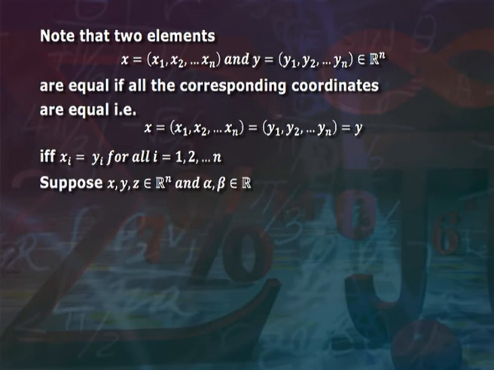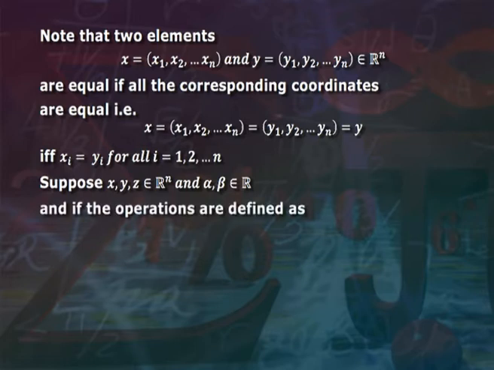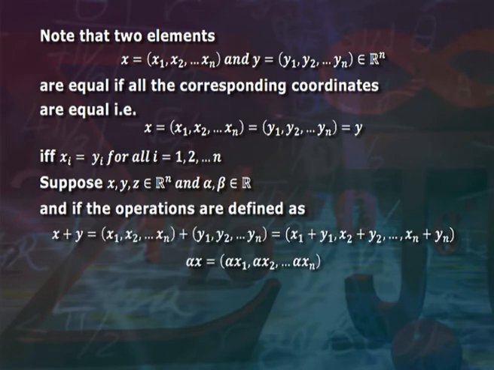Suppose x, y, z are in Rn and alpha, beta are in R, and the operations are defined as x plus y equal to (x1, x2, up to xn) plus (y1, y2, up to yn) equal to (x1 plus y1, x2 plus y2, up to xn plus yn), and alpha x is equal to (alpha x1, alpha x2, up to alpha xn).